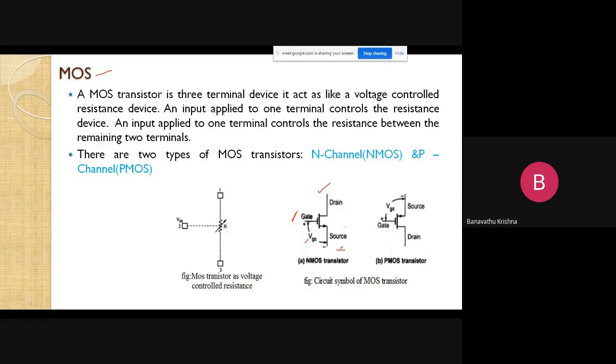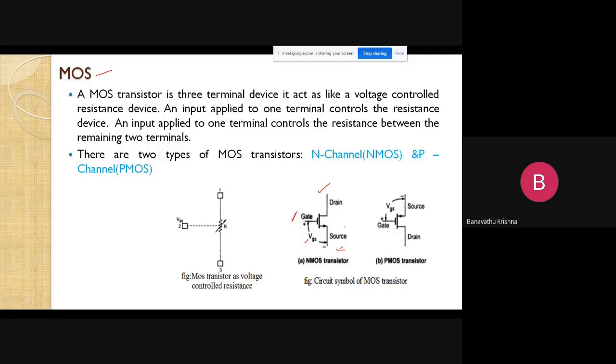When it has less resistance, the device is in on condition. The resistance across the device is in terms of ohms. That is the resistance property of this device. Whereas when it is in off condition, it has very high resistance, in mega ohms.